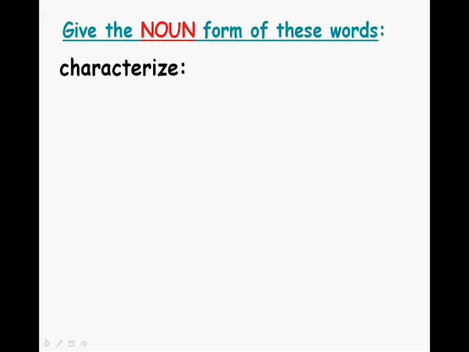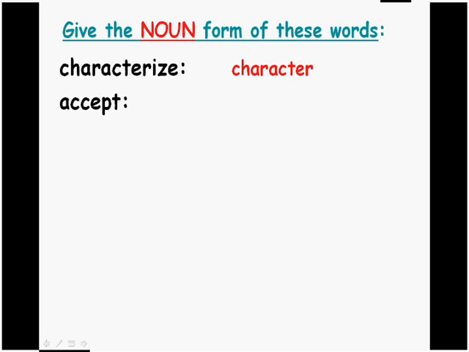So if I have the word criticize, then what is the noun of this word? So the word is characterize, and then the noun is character. Very good. Characterize, and the noun is character.